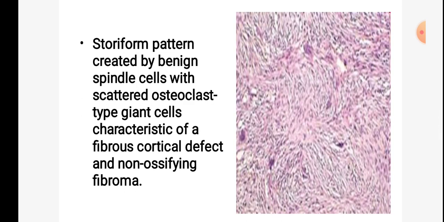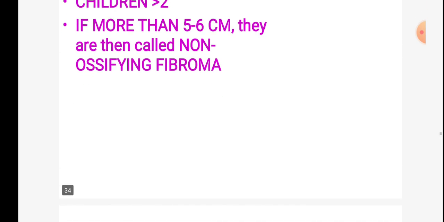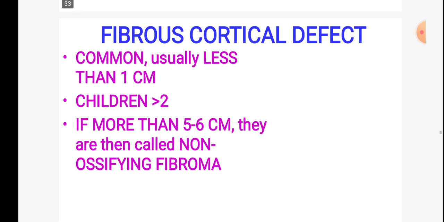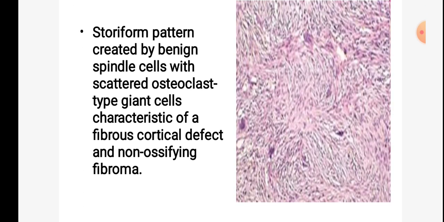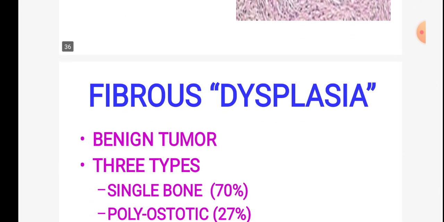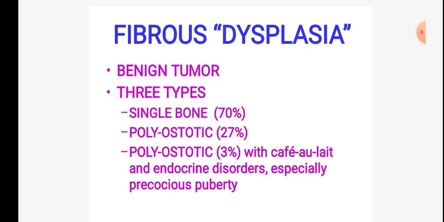So we'll move ahead. You should be aware of the storiform pattern. You see the storiform pattern in fibrous cortical defect, created by benign spindle cells with scattered osteoclast type giant cells, characteristic of a fibrous cortical defect and non-ossifying fibroma. So what do we mean by fibrous dysplasia? What are the types?